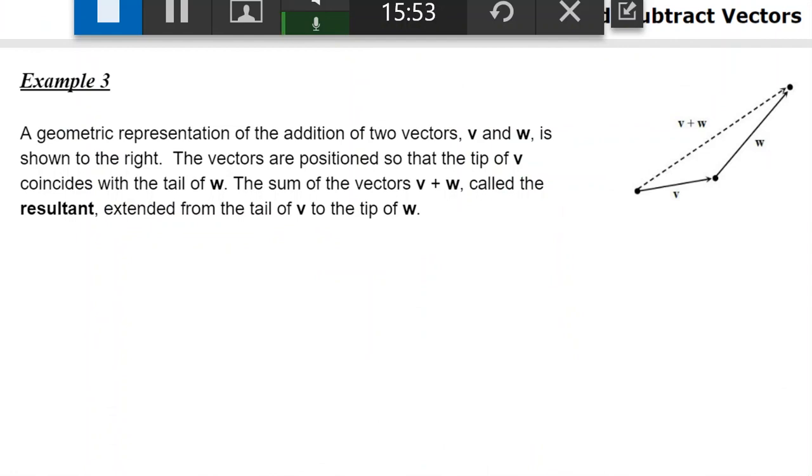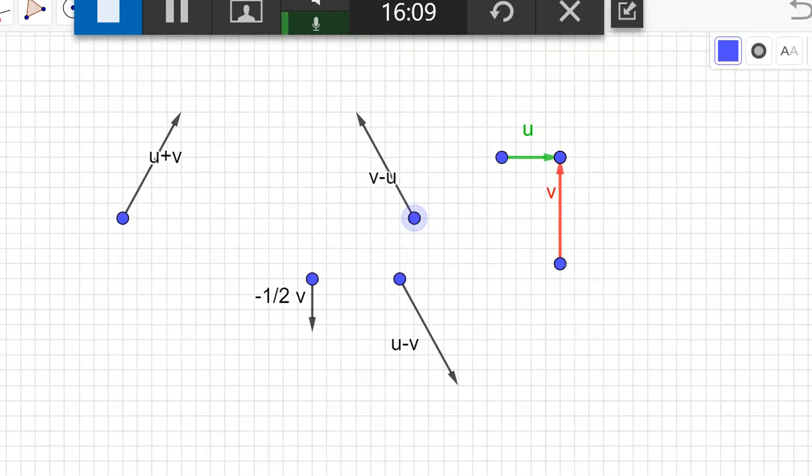There is that idea of tip to tail, tip to tail. When you are trying to consider the effect of two vectors or more, you kind of arrange them tip to tail. This reminds me of one of those questions where Egbert walks 10 miles north and then turns and walks 5 miles east.